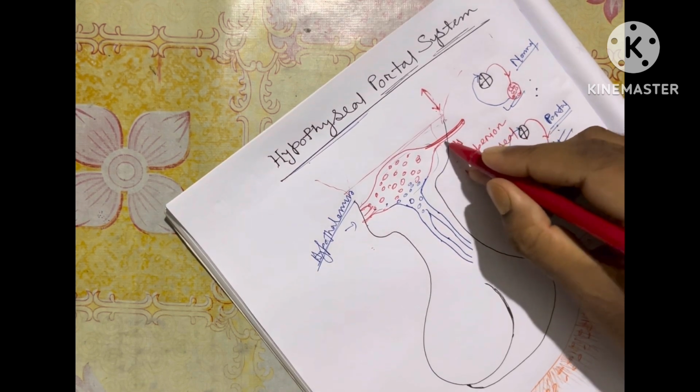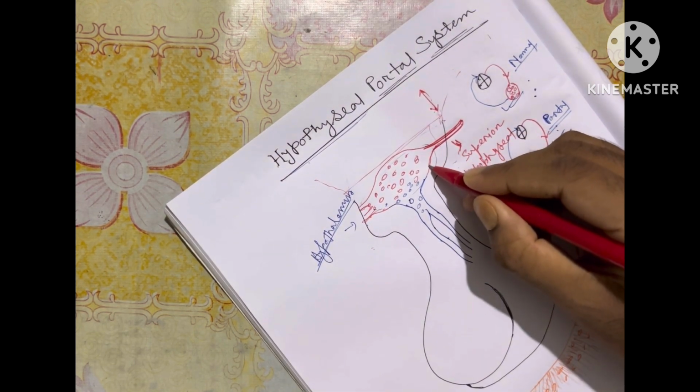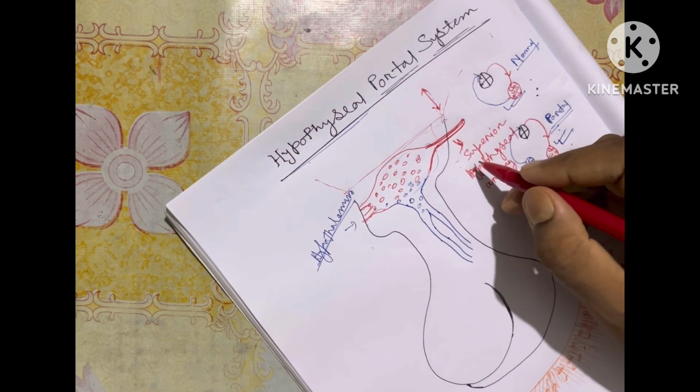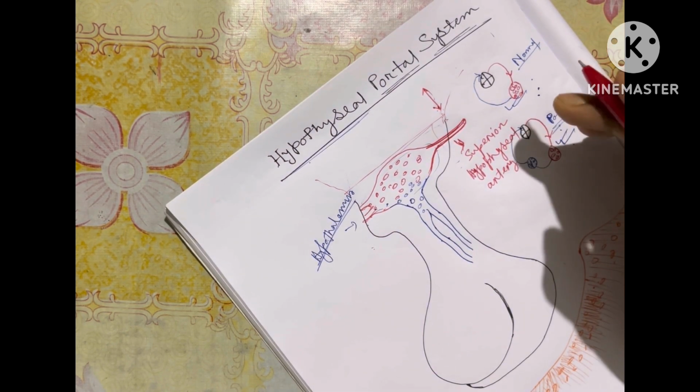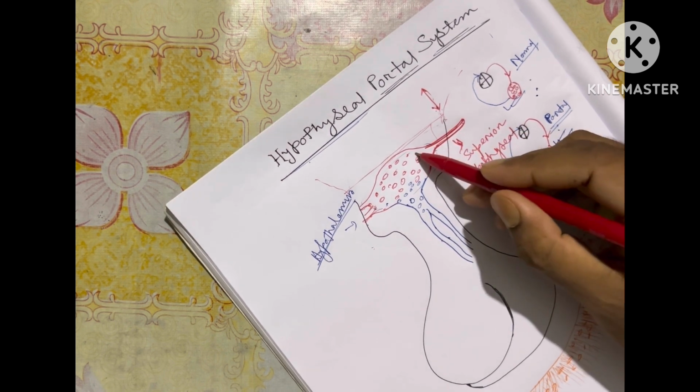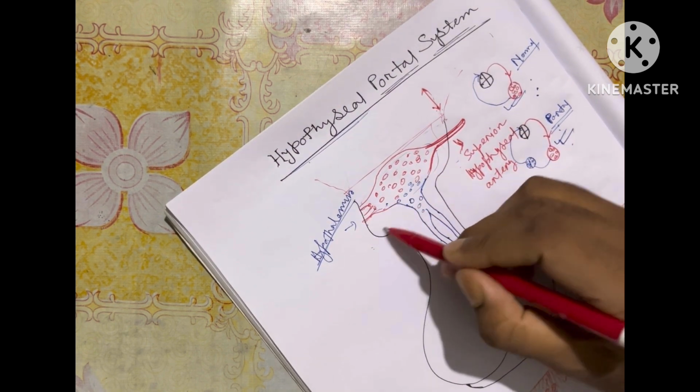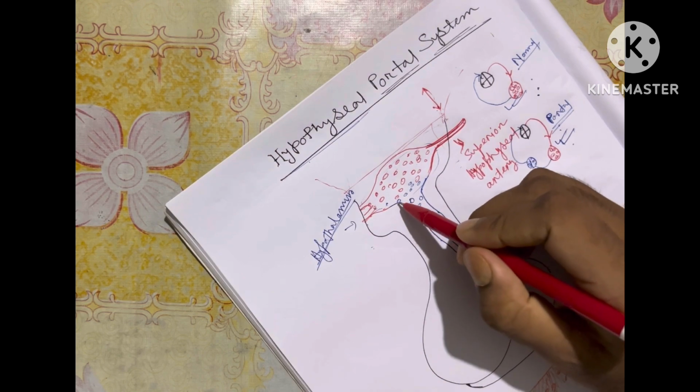This superior hypophyseal artery is a part of our internal carotid artery, and it forms a network inside our hypothalamus.